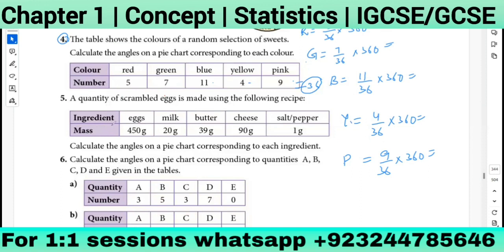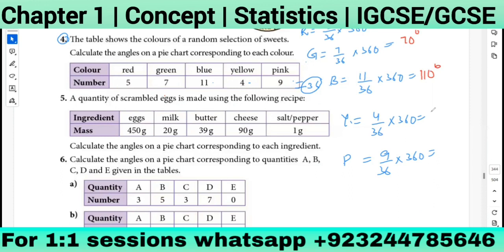Yes. Okay, tell me what is the degrees for red color? 50. 50 degrees. Okay. Green, 70. Blue, 110.